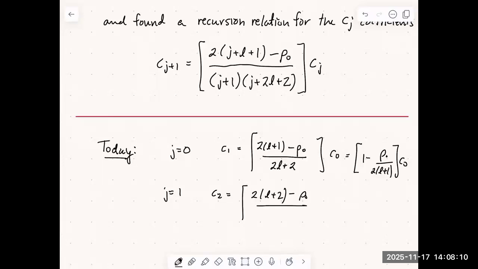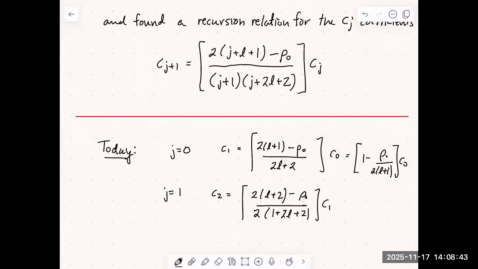And I'm going to get a 3 plus 2L, I guess. I think I have something funny in my notes. So this is going to be 2, this is going to be 1, so it's going to be a 1 plus 2L plus 2 times C1.